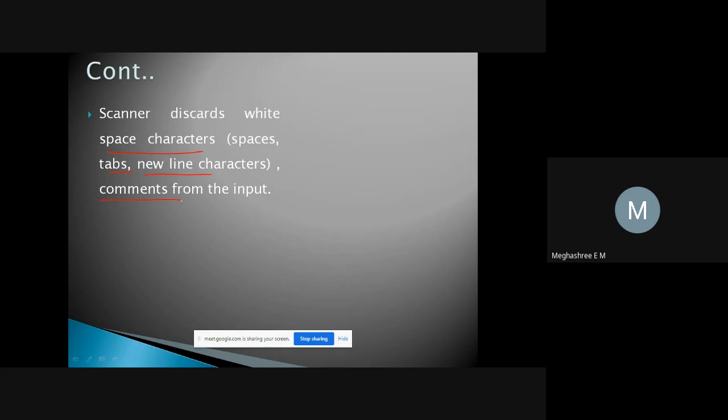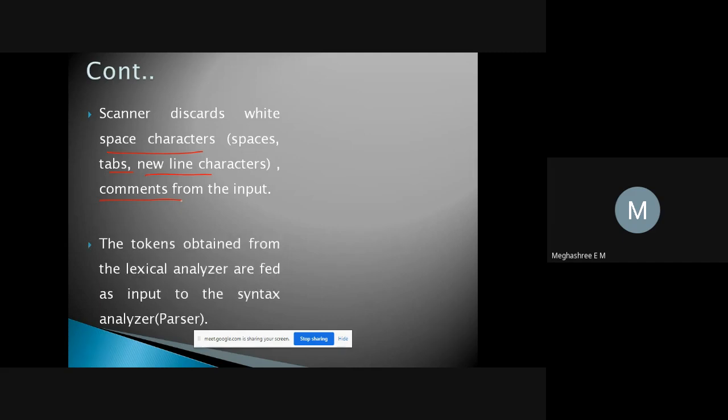And the next thing is, the tokens that you get from the scanner will be fed as input to the syntax analyzer, which is the second phase of the compiler. So do remember, the output of scanner or lexical analyzer is called tokens. That is fed as input for the next phase of the compiler, that is syntax analyzer.